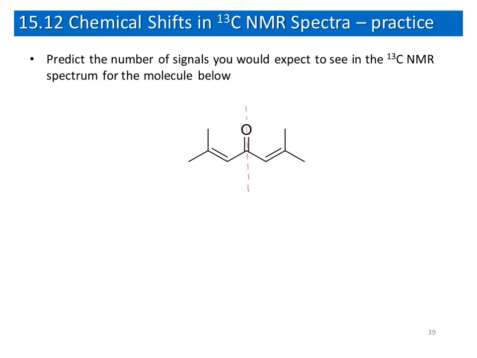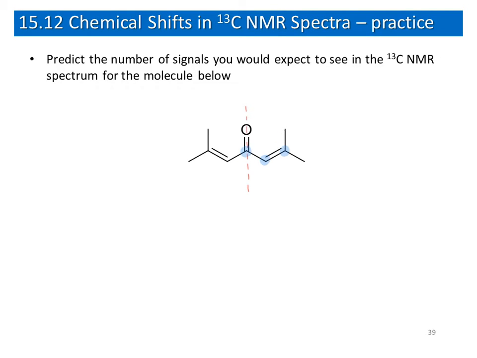Now with this plane of symmetry, we can see a signal for the carbon of the carbonyl. Then this carbon would be exactly the same as this one. Both of them are connected to the carbonyl, right? So we are going to see 1 signal for both of them. This carbon is exactly the same as this one. So we are going to see 1 signal for both of them as well.